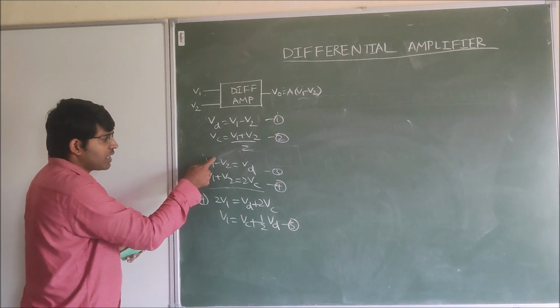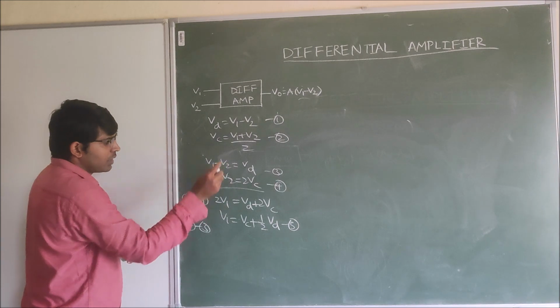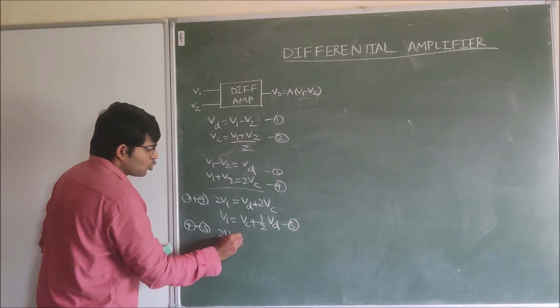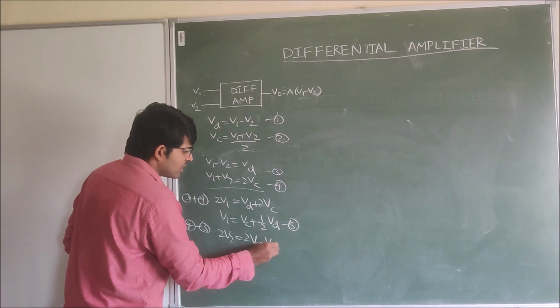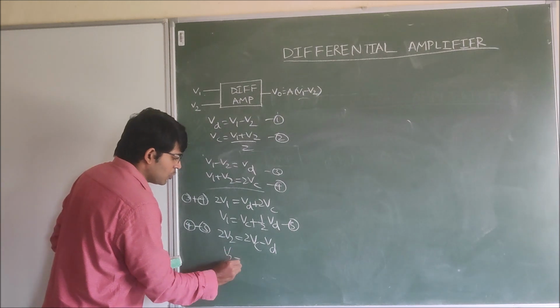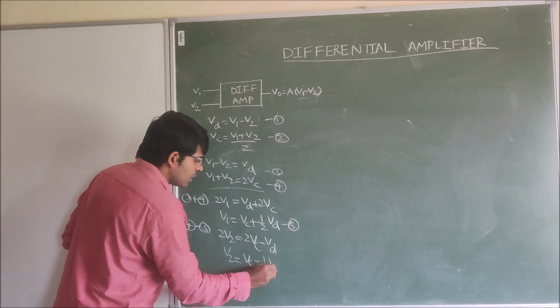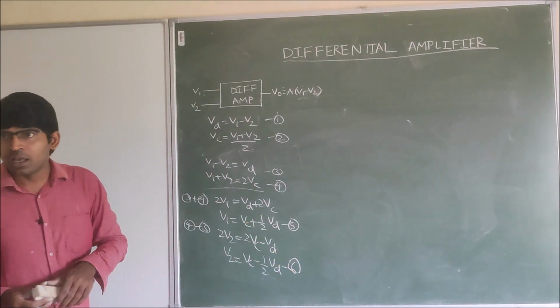Similarly, when I subtract 3 from 4, the output will be 2V2 is equal to 2Vc minus Vd. Therefore, V2 is equal to Vc minus half Vd. This is equation number 6.